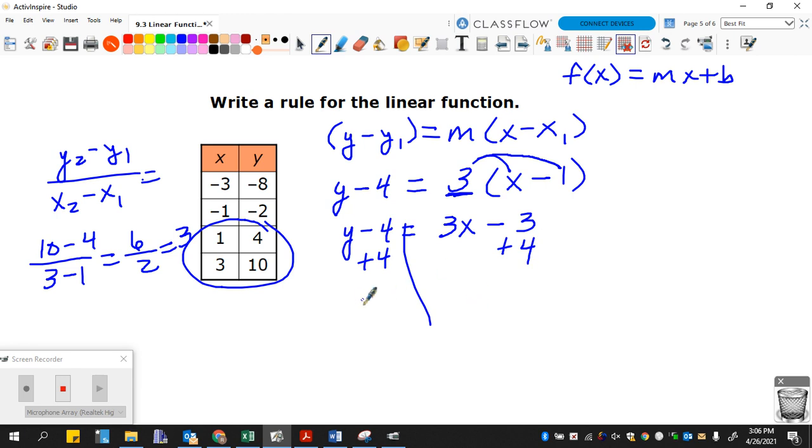We end up with y is equal to 3x plus 1. The only thing is that y is my output, so that's a function of x. So I'm going to write it as f of x is equal to 3x plus 1. That's the rule for this linear function, this set of data over here: 3x plus 1 as a function of x.